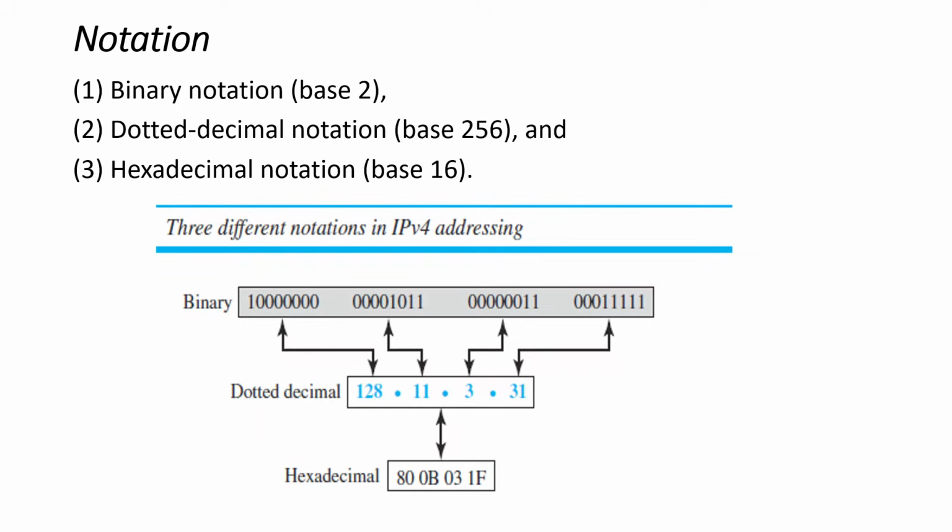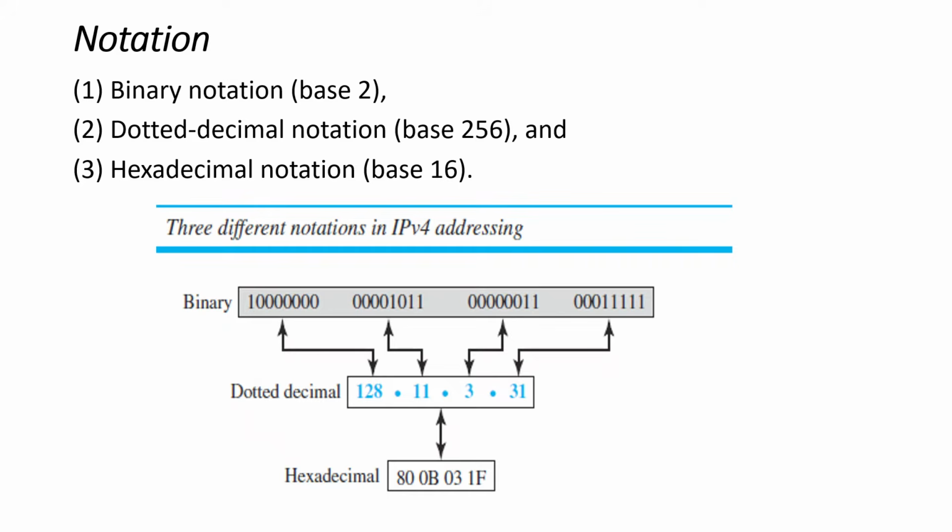Notation of the IP addresses. There are three types of notations to represent the Internet Protocol address. The first one is binary notation, whose base is 2. The second one is dotted decimal notation, DDN. And the third one is hexadecimal notation, whose base is 16.